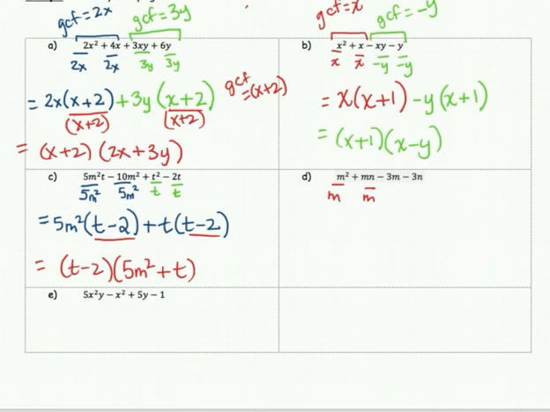Okay, and then watch out, here's that negative. So negative 3 has to come out, negative 3. M squared and m makes m, and the m's are gone, leaves an n. Negative 3 was factored out of these two. Negative negative makes positive m.